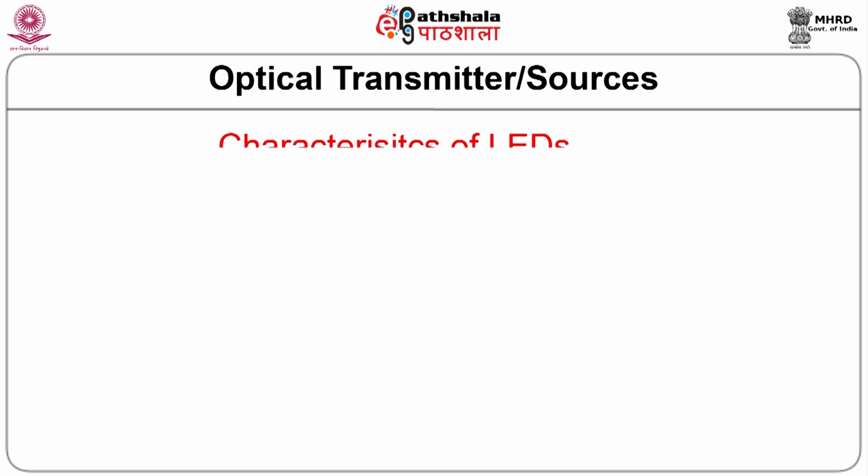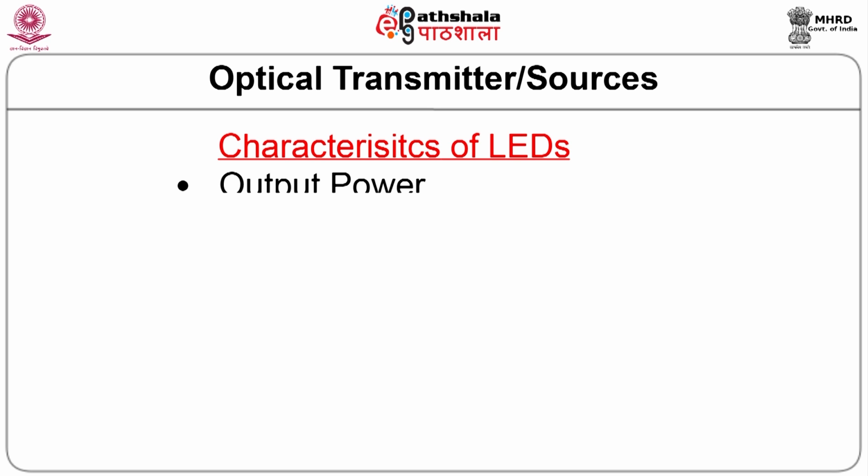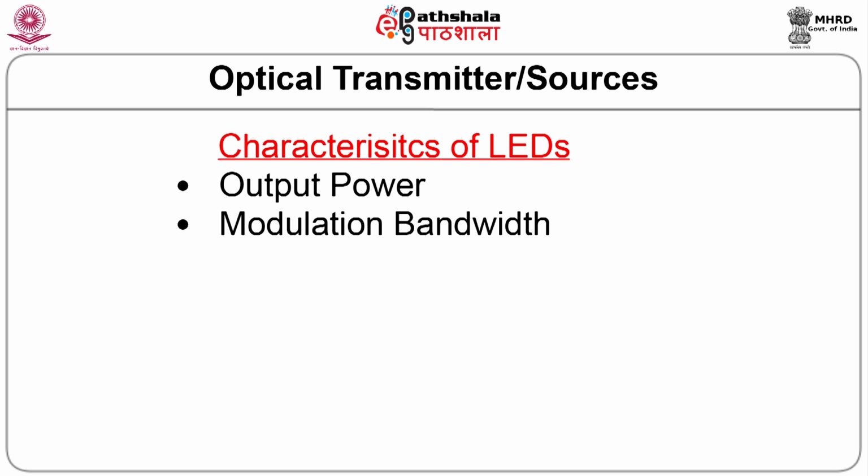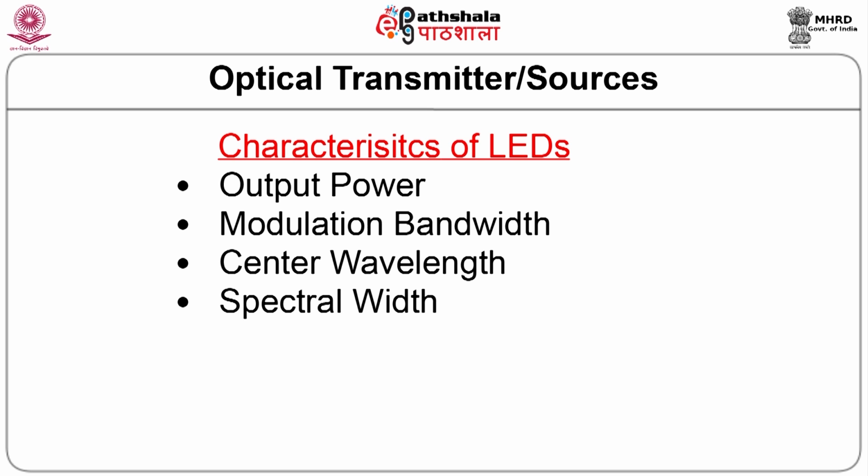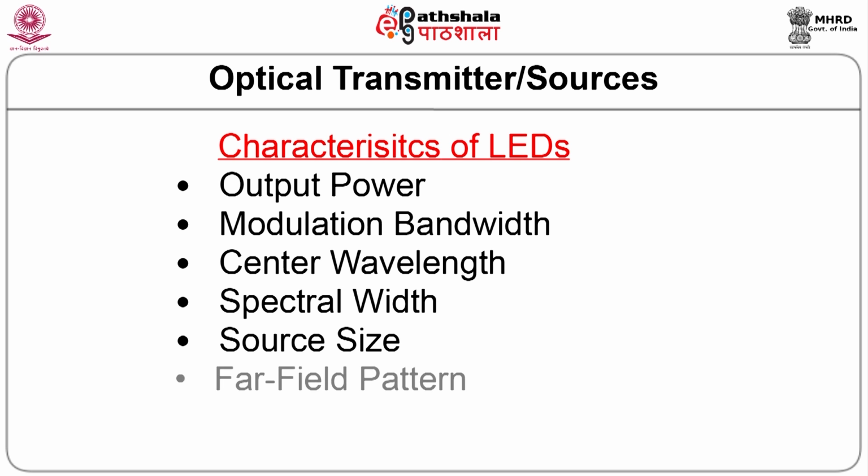Now what are the characteristics of these LEDs, that is light emitting diodes? First of all, we have to see the output power, modulation bandwidth, center wavelength, spectral width, source size and far field pattern. These are the important characteristics of LED.